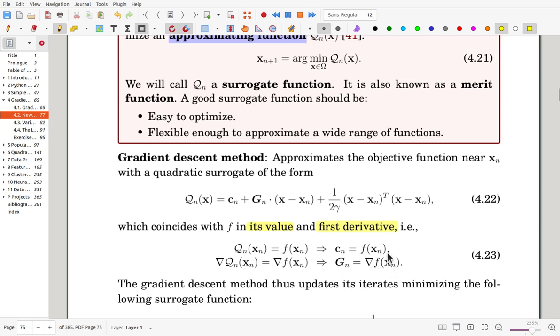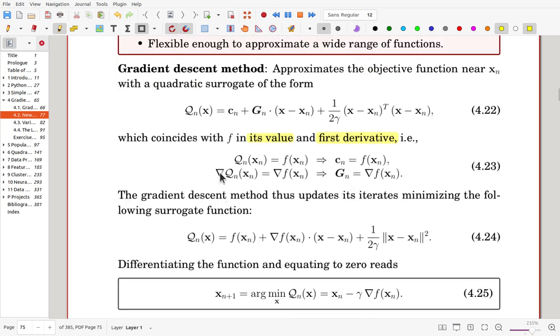So we can rewrite the surrogate function in this form. qn of x, that is the quadratic approximating function around xn, is f of xn plus gradient of f at xn dot x minus xn, and this is a second order term.